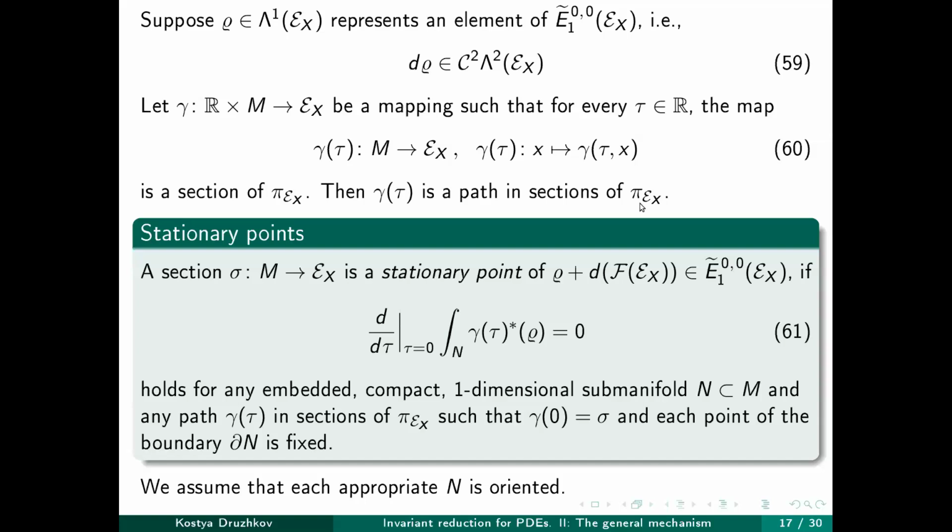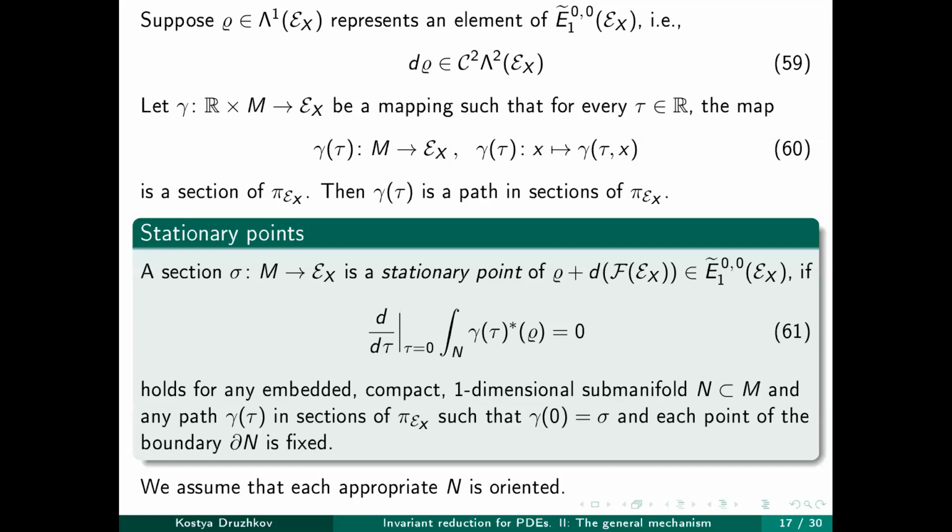If we have such paths, we can define stationary points of this element represented by rho, and a section sigma is a stationary point of the corresponding element of this group if the formula 61 holds for any embedded compact one-dimensional submanifold M and any path in sections such that its initial section is sigma, and each point of the boundary remains fixed. Of course, when we discuss one-dimensional compact submanifolds, they are given by intervals and by circles.